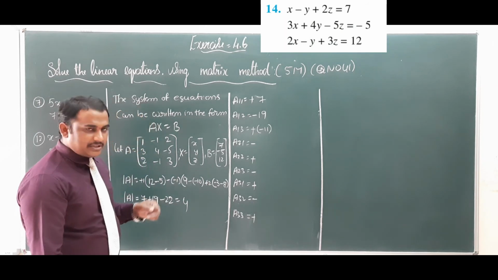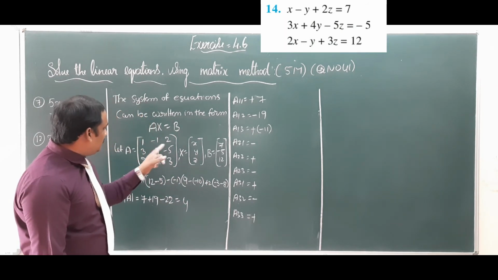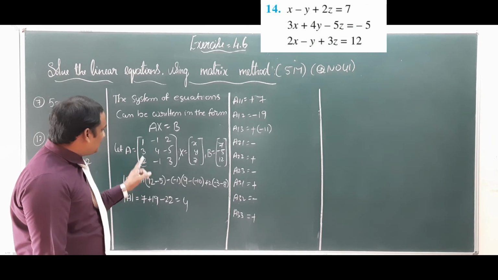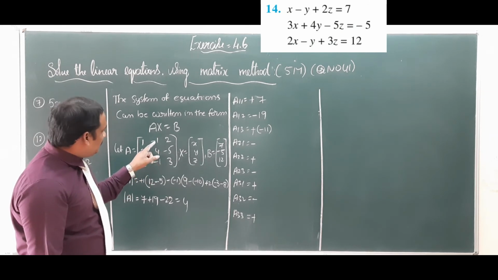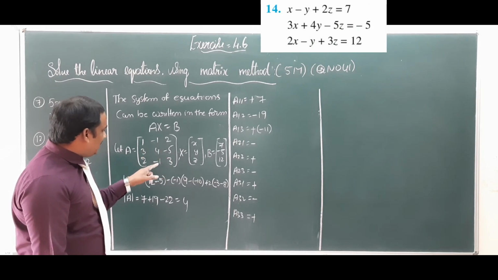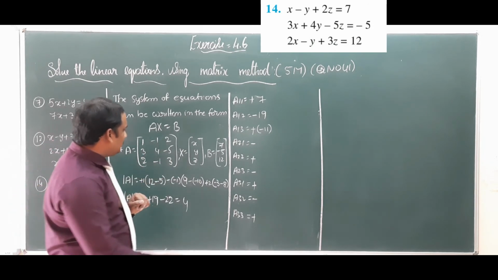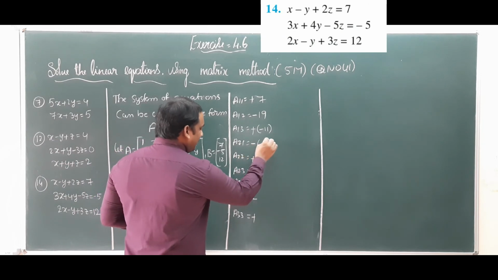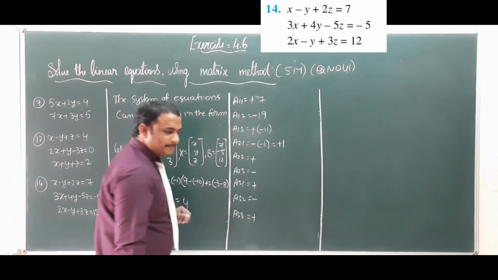Next, second row first column: minus 1 into 3 minus 3, 2 into minus 1 is minus 3 plus 2, here minus 1 will get plus 1.